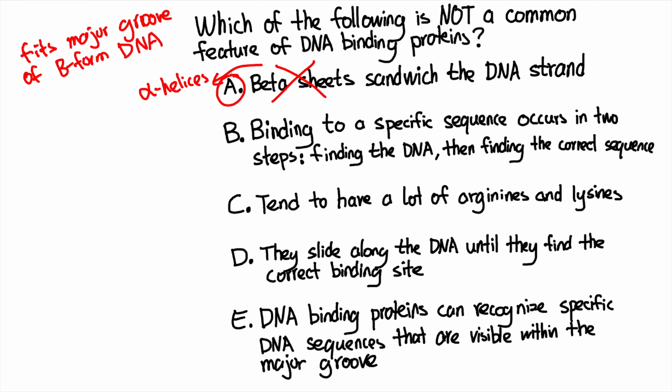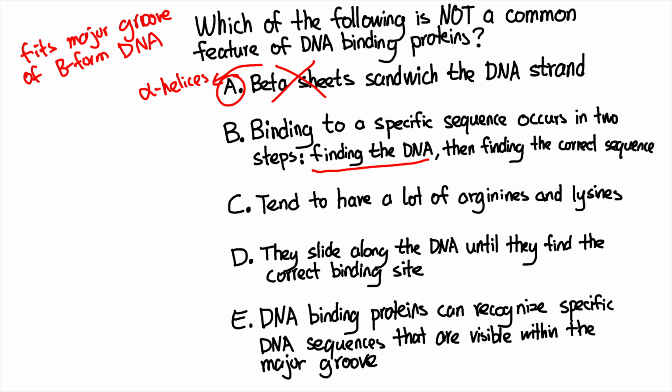That's because the nucleus is crowded and the genome is massive, and the protein cannot just rely on random 3D floating to find its exact sequence. Instead, it first has to bind DNA somewhere, non-specifically. So that's step 1: find the DNA by binding to it non-specifically.